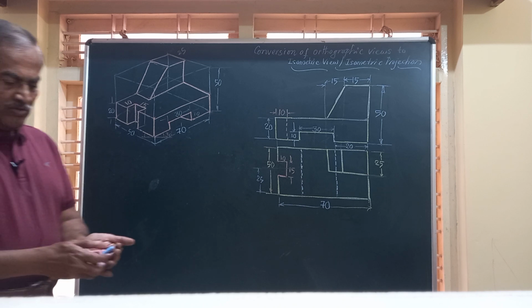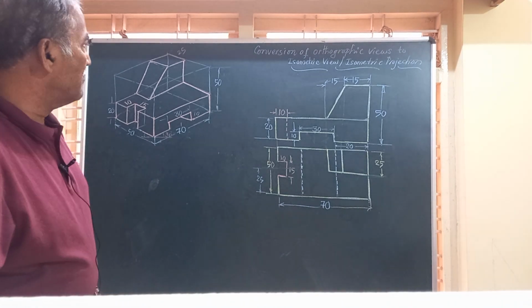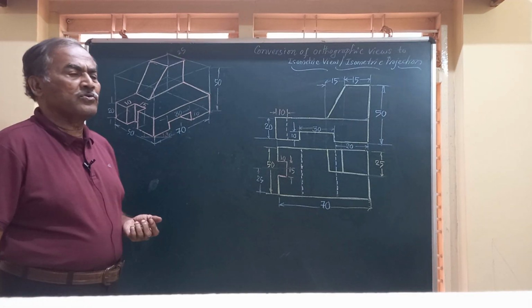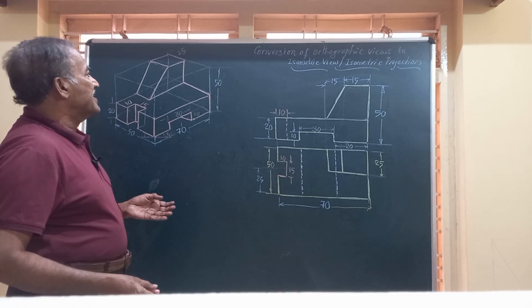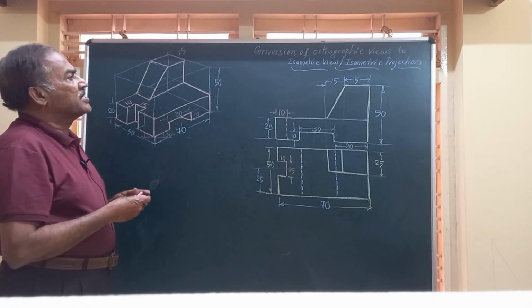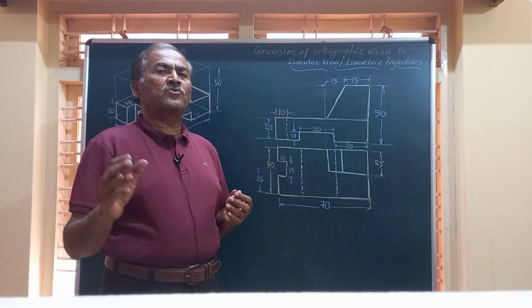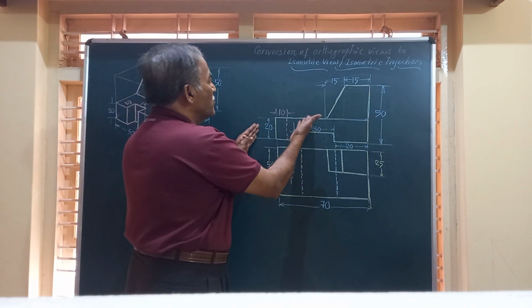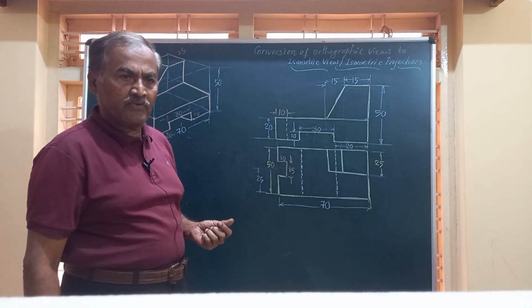Friends, I hope we have marked and completed all these, and this figure will give you finally the isometric view or isometric drawing of the component whose orthographic views are given.